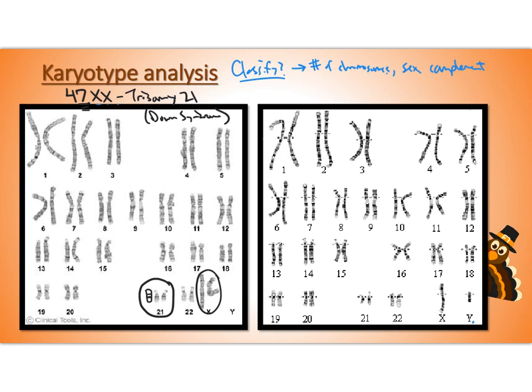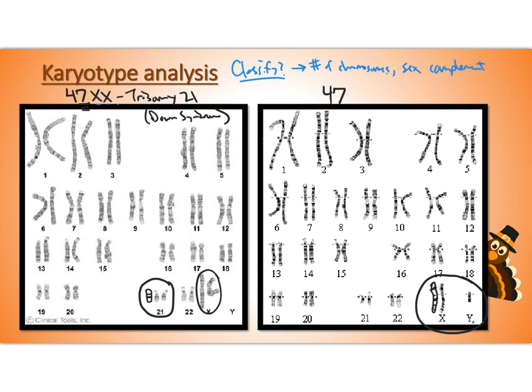So let's do another one. Let's say that you look at a karyotype and you see something like this. All right, so you look at this one and you say, wait a second. It's got 3 different sex chromosomes. So for this one, again, we've got 47 total chromosomes because we got an extra one.